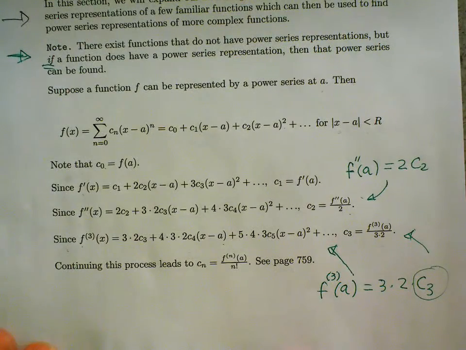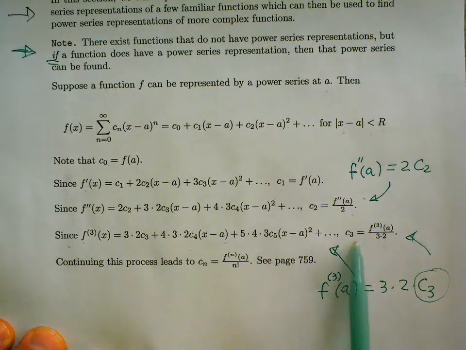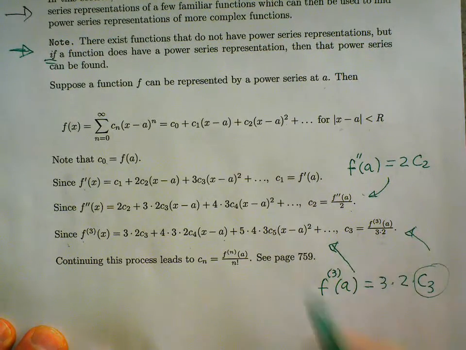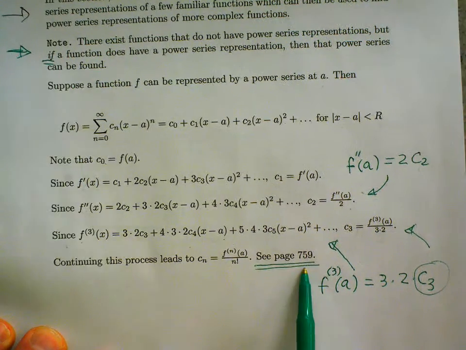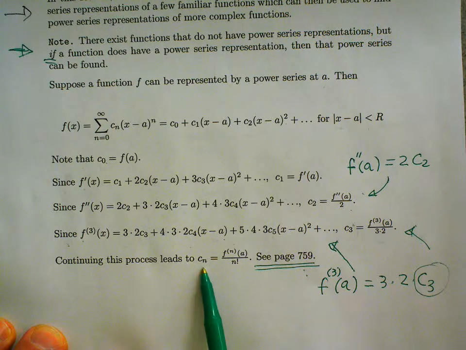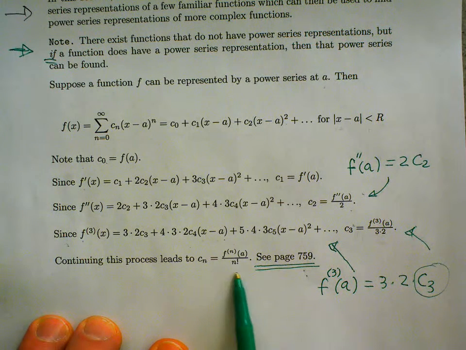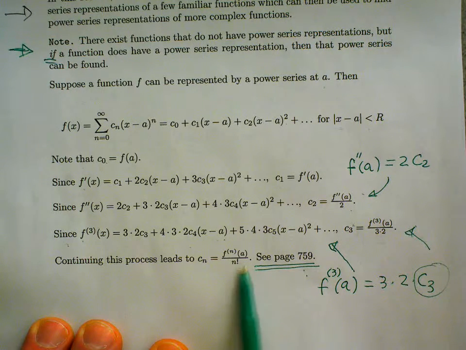Okay, so this exercise gets tedious really fast, and I'll refer you to page 759. But if we continue this process by taking more and more derivatives, then it turns out that the coefficient c sub n for the power series is the nth derivative of f evaluated at a divided by n factorial.